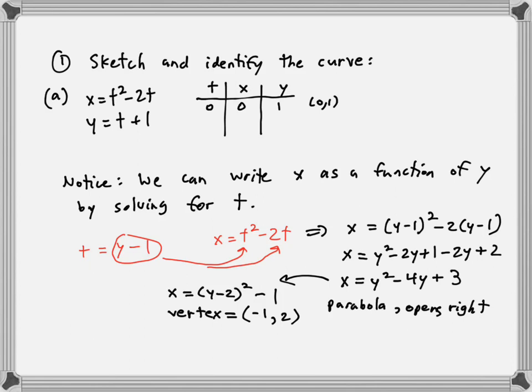Okay? So we have a lot of information here. Let's go ahead and draw a picture of that. So there's negative 1, 2. Let me also show you that if I factor this as (y minus 3)(y minus 1), we know the y-intercepts are 1 and 3.